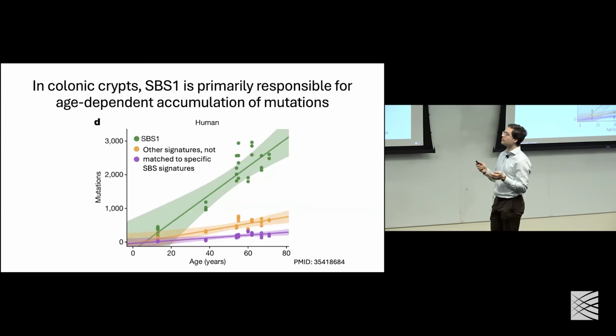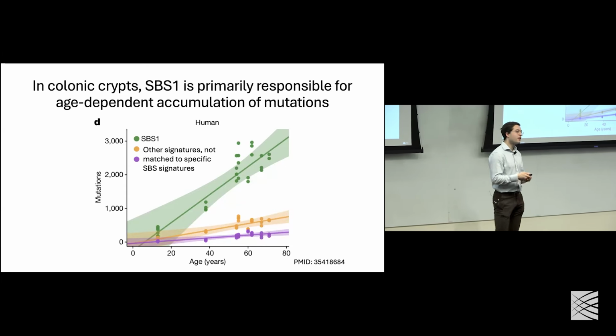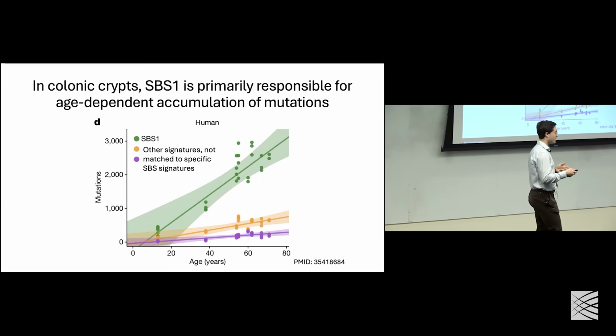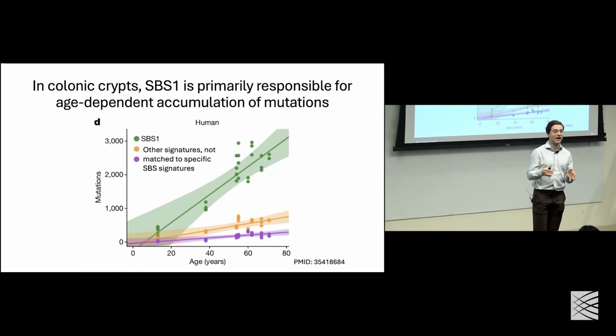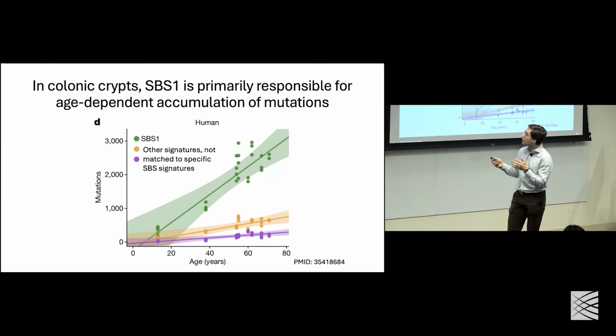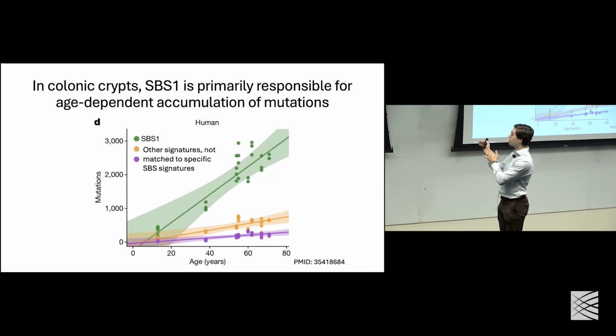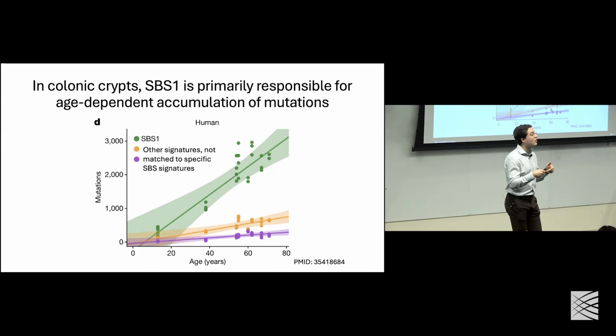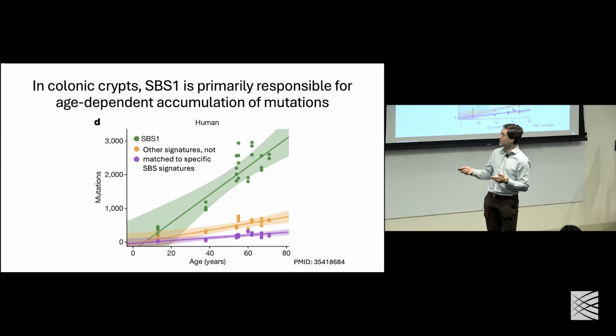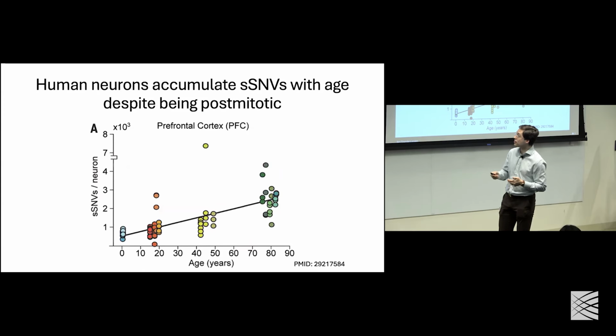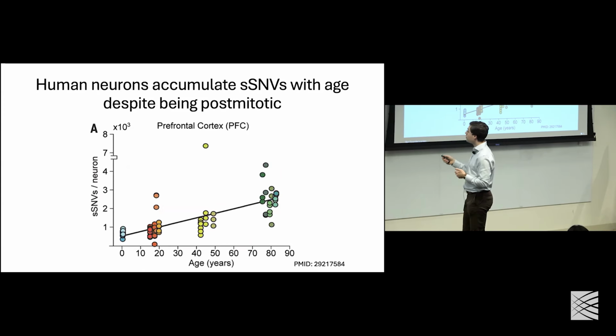So what we can wonder now, we've had improvements in technology. We don't need to be as clever as Alex Kagan and do this thing with the crypts. Now we can study individual cells and just amplify their whole genome and do the same question. Look at individual cells like postmitotic neurons and say, are they also accumulating somatic mutations with age? And as it turns out, they are as well.